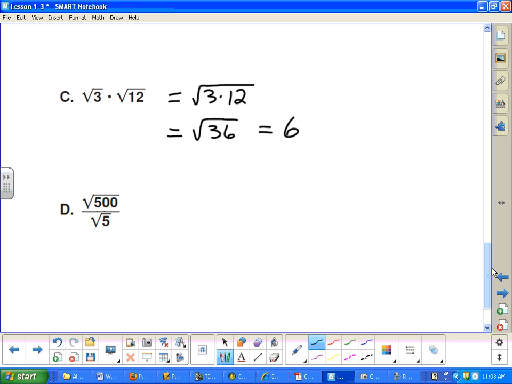Since it does, I want to write it as a single radical, 500 over 5, which simplifies to the square root of 100, which is 10. So a little review of the product property there and the quotient property.